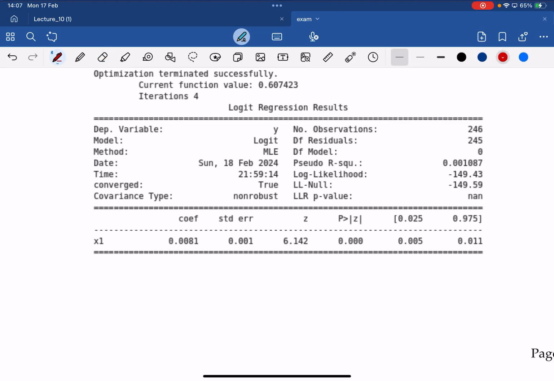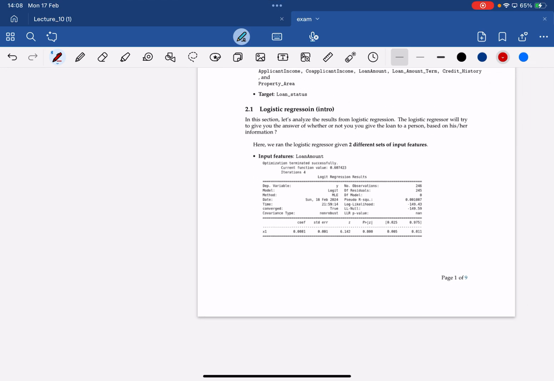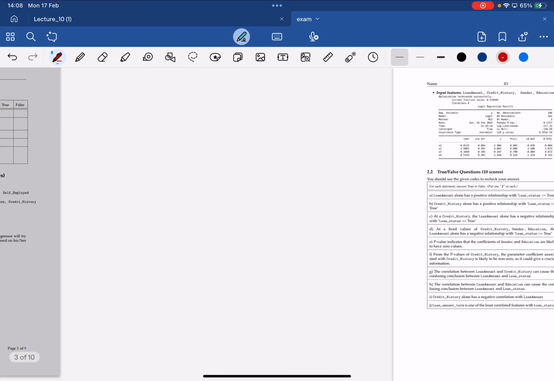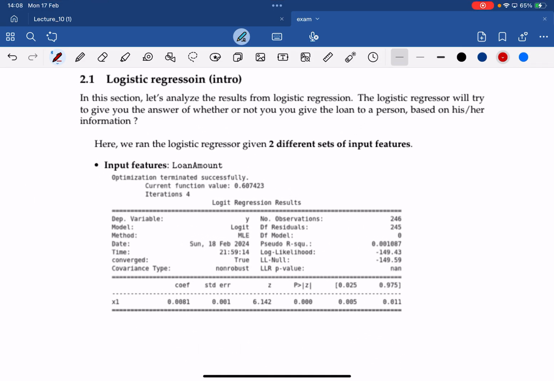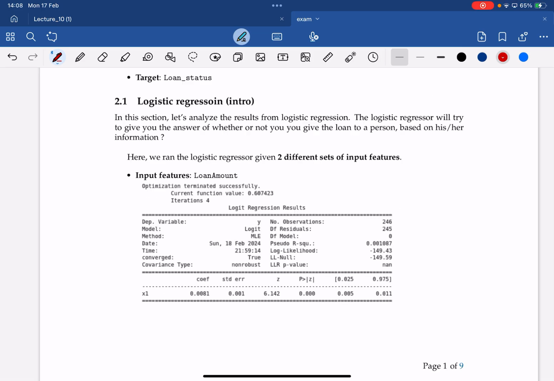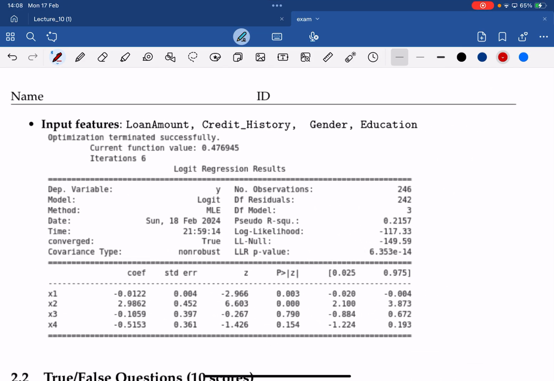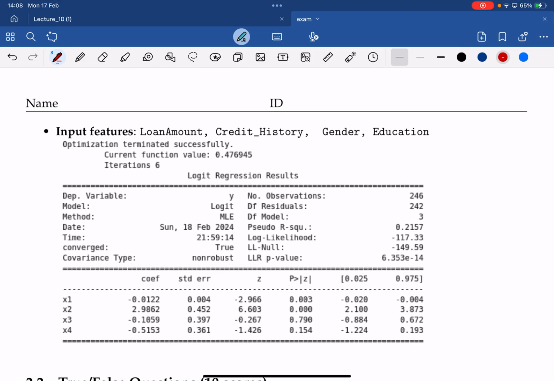I'm not sure whether our exam would look like this, but this would give you an idea of what it might look like. Previously there was just a table of one input feature, like what we learned last week. But this time, maybe you would consider more than just one input feature.